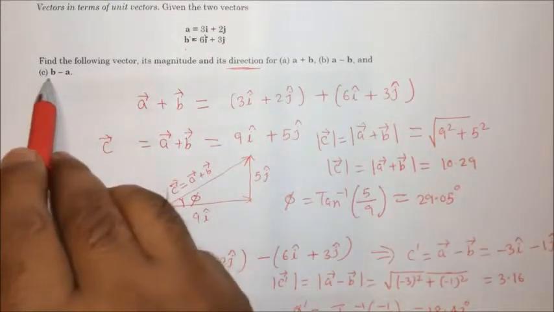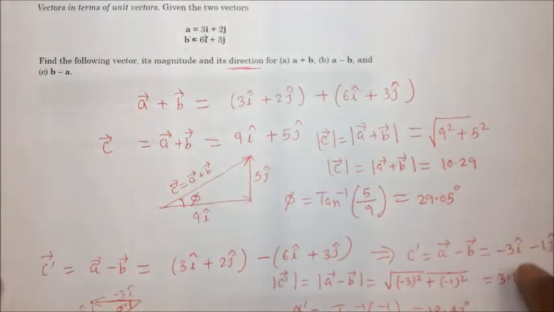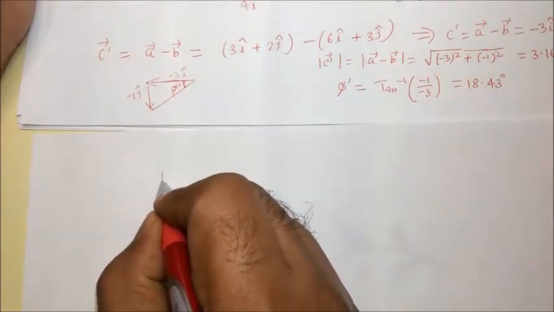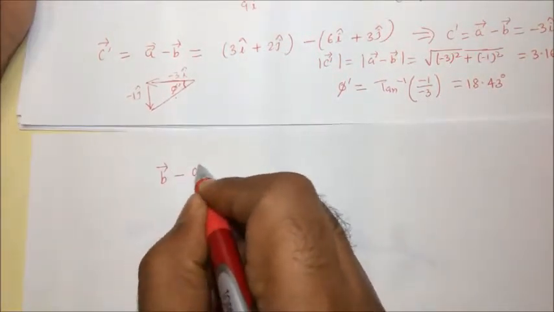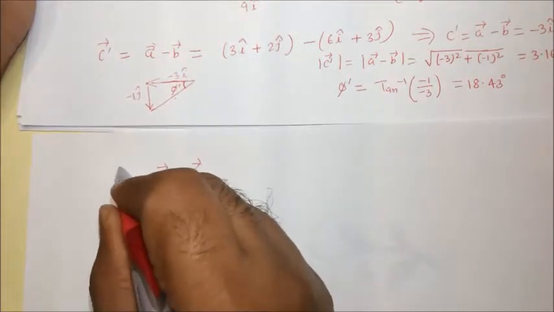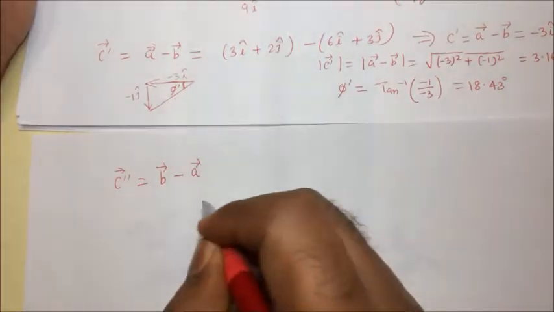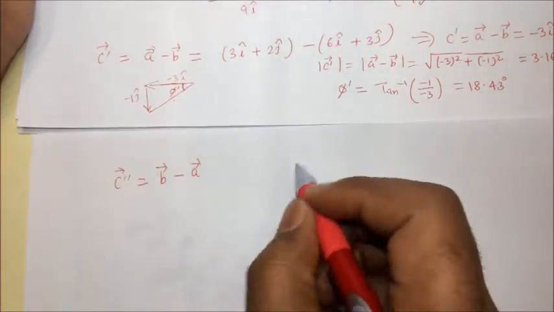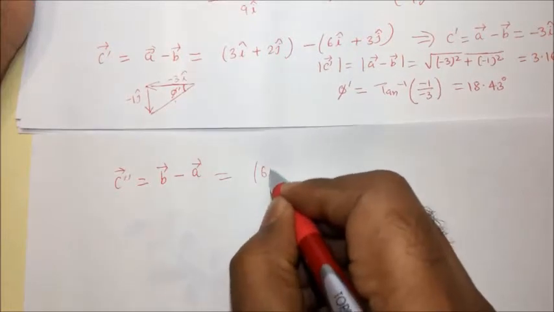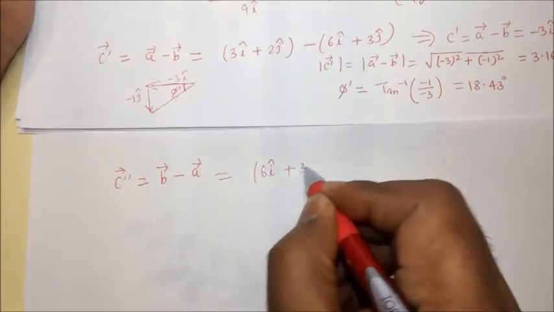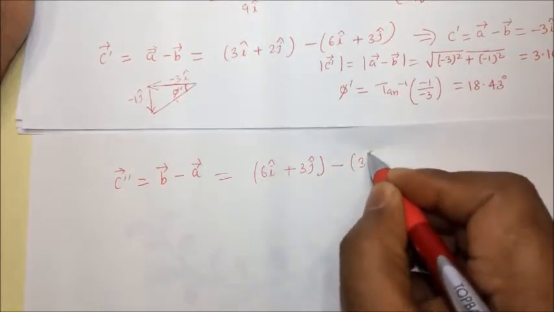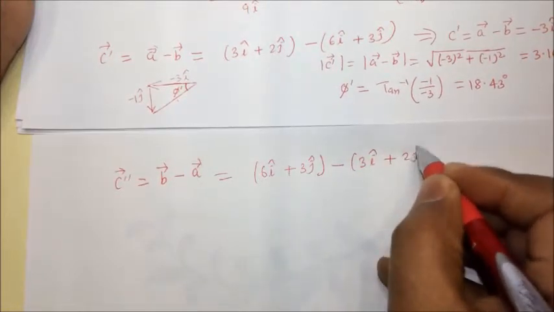Also we need to find vector B minus vector A. I can say that this vector is C double prime. So this is going to be 6i plus 3j minus 3i plus 2j.